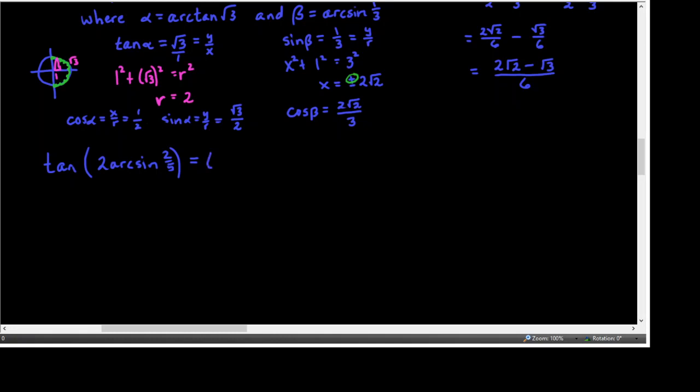I always want to replace the inverse trig function with a variable like theta or alpha or beta. Since there's only one, I'll use theta, where theta has replaced arcsine of 2/5.